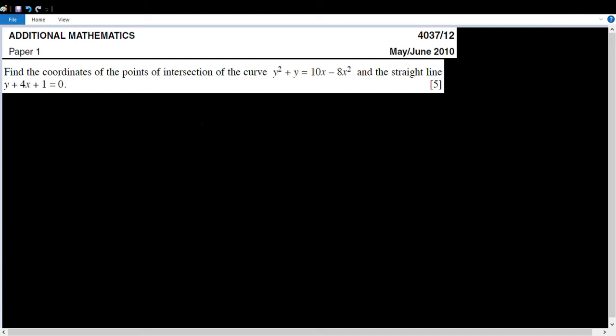Why do we call them nonlinear? Because it's a combination of one quadratic equation and the other is a linear equation.